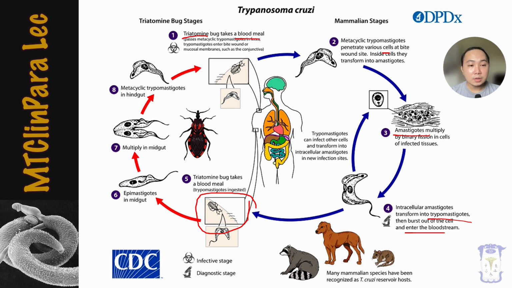Now, this trypomastigote will eventually develop into epimastigote, where they multiply in the midgut and become metacyclic trypomastigote. Now, this particular stage will continue, and if the suspected person is bitten again by a Triatoma bug or a vector.